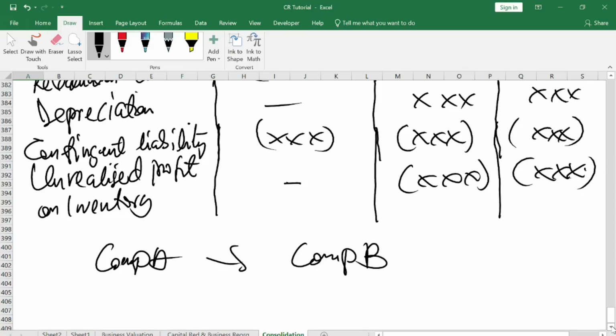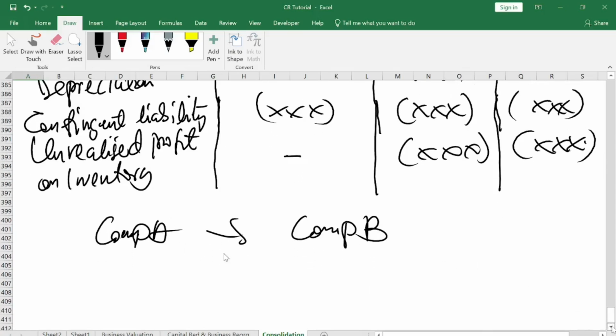right? So here, maybe if they traded after acquisition, after the acquisition of the company, they made trading of maybe 20 million. Do you understand? Now, out of this 20 million that they traded, they sold.